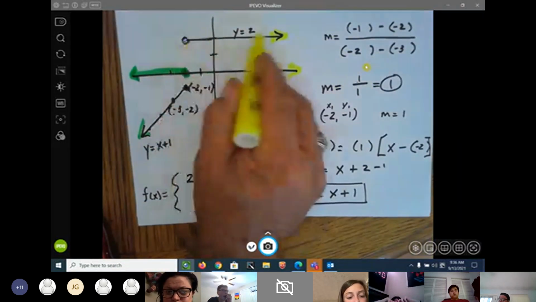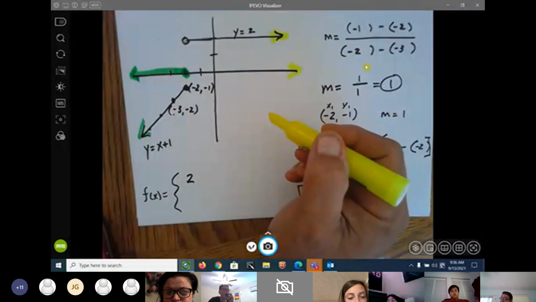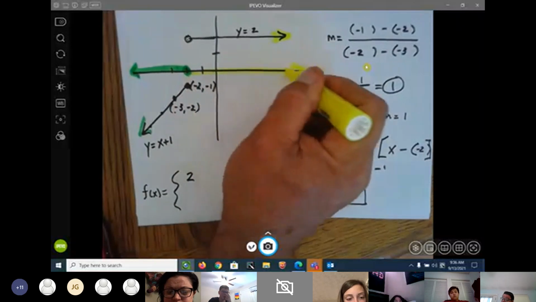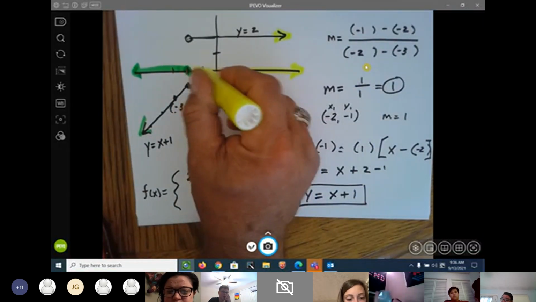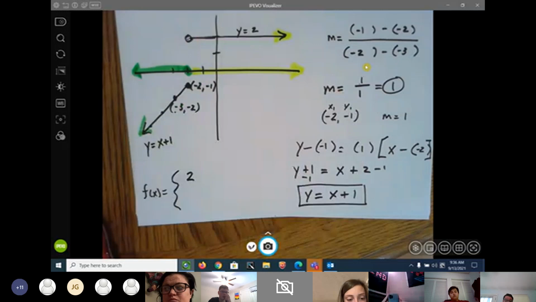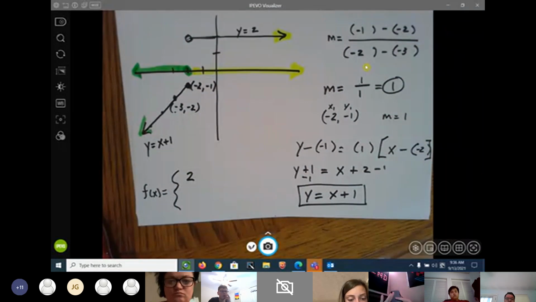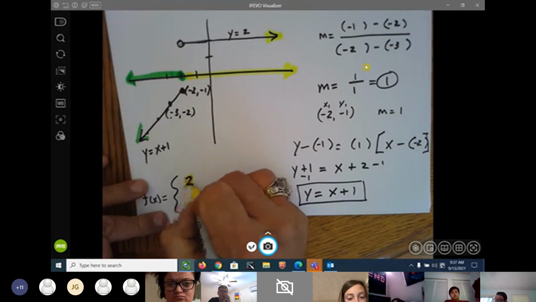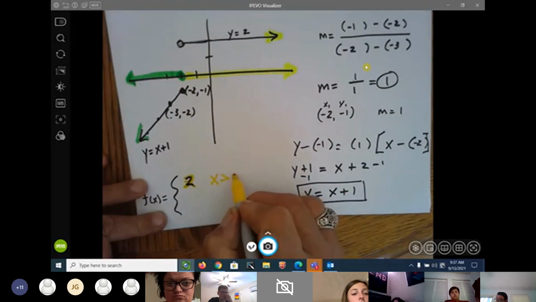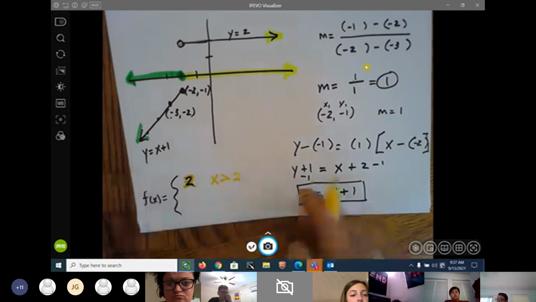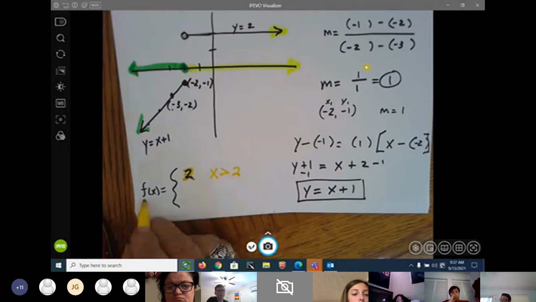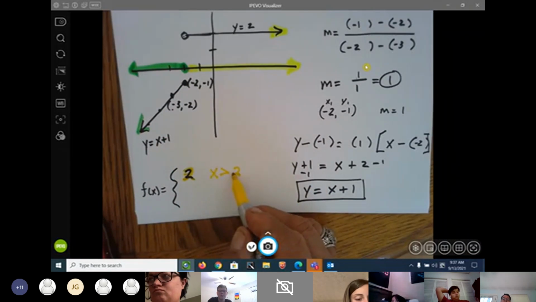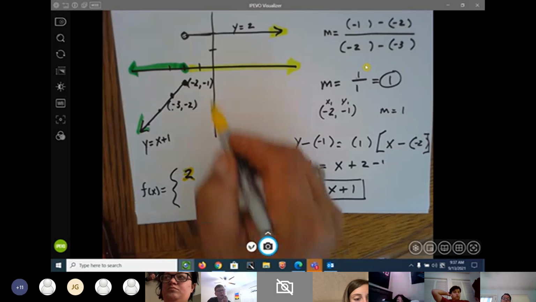What numbers can we use for this function? Anything above what? Above 2. We can't use 2 because it's an open circle. So I'll take my yellow marker, and that's going to be 2, and x is greater than 2. Y is equal to 2. That's the horizontal line. You've got to use all numbers above 2, but you can't use 2 because that's an open circle.